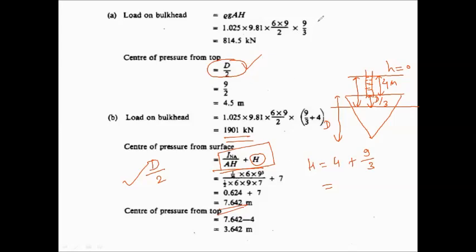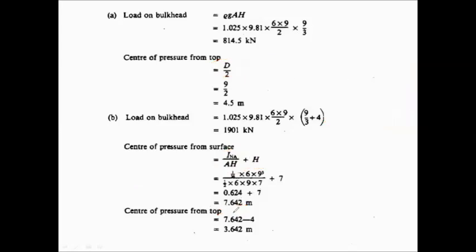Now you got here the center of pressure from the surface is 7.642, but they are asking to find out the center of pressure from the top of the bulkhead. So the center of pressure value which we got, that is from here, h is equal to 0.